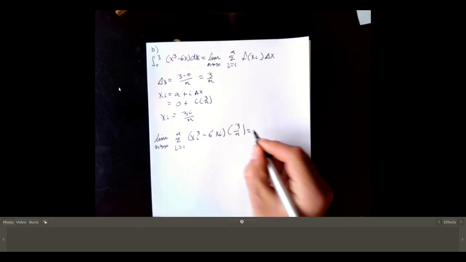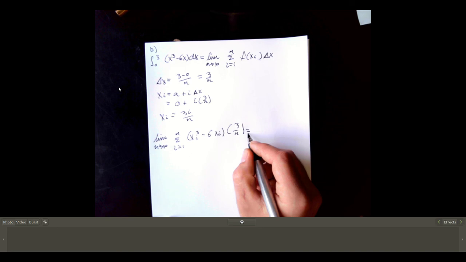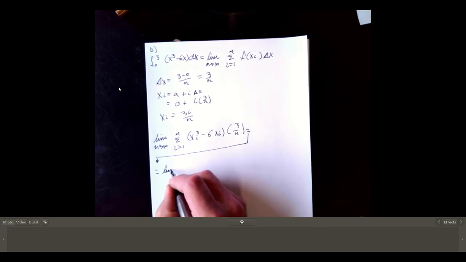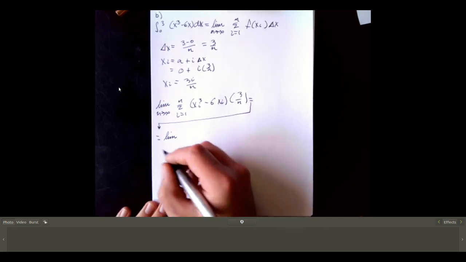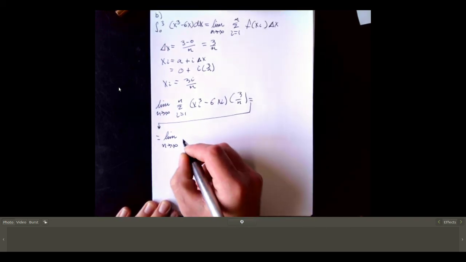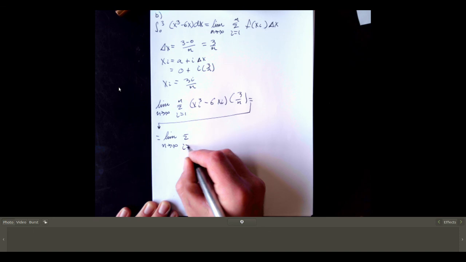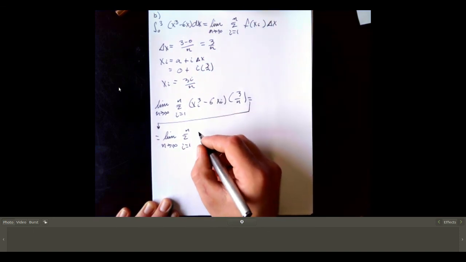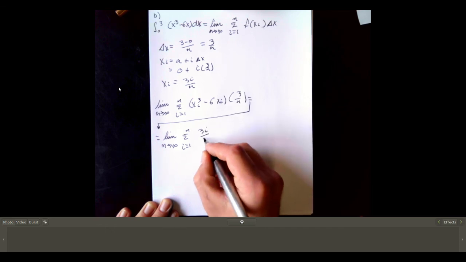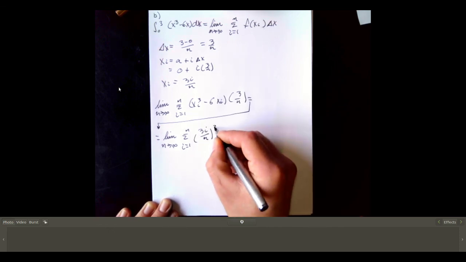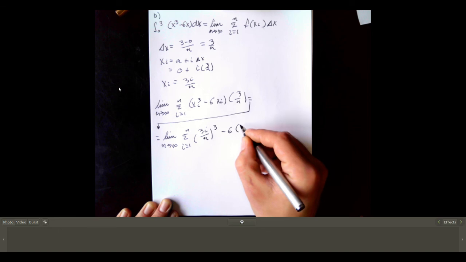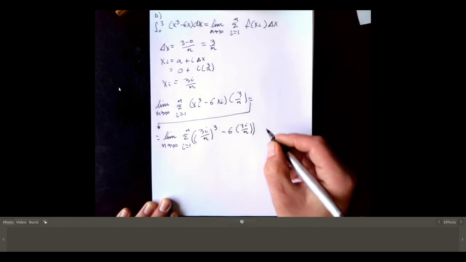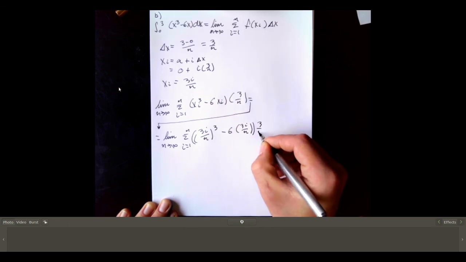I don't have space to go over here, so this is equal to the limit as n goes off to infinity of the sum from i equals 1 to n. We know what xi is. Xi is going to be 3i divided by n, cubed, minus 6 times 3i divided by n, all times 3 over n.